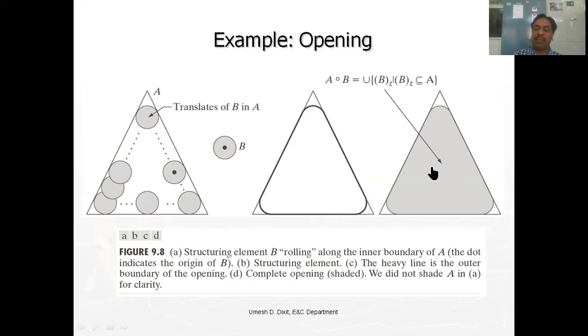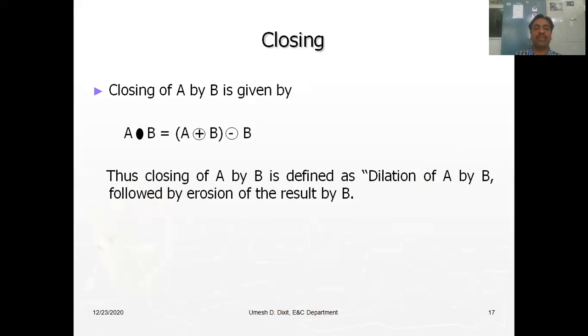Similarly, we have the closing operation, which is represented by this symbol. To represent the closing operation we use a shaded circle, whereas opening was represented by a simple circle. Closing of A by B can be represented by this particular equation.